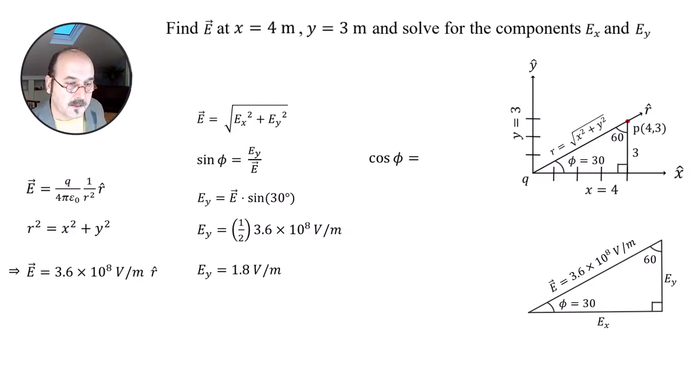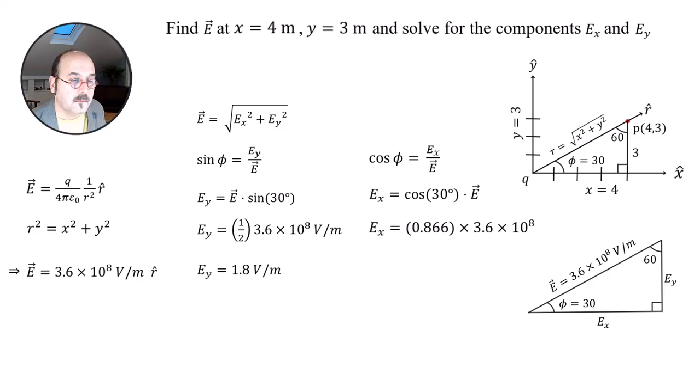So this is going to be EX divided by E. And if we just rearrange this, I'm going to say EX on this side. And I'm skipping a couple of steps here. And that's going to be 0.866 to 3 decimal places times 3.6 times 10 to the 8, which is equal to let's just say 3.1 volts per meter in the X.